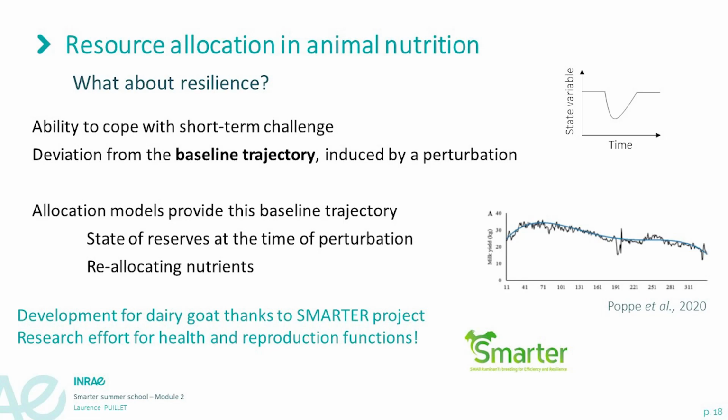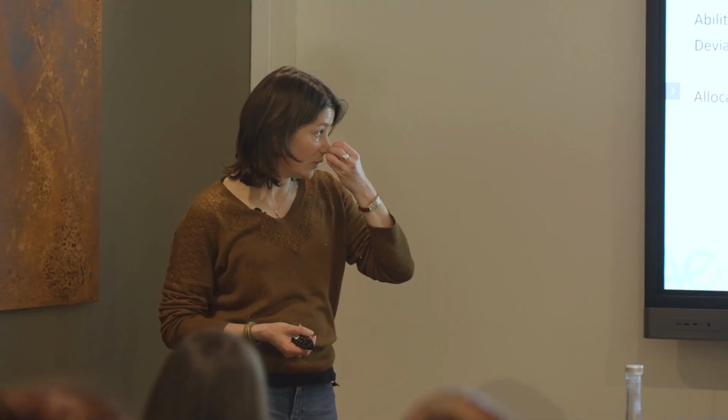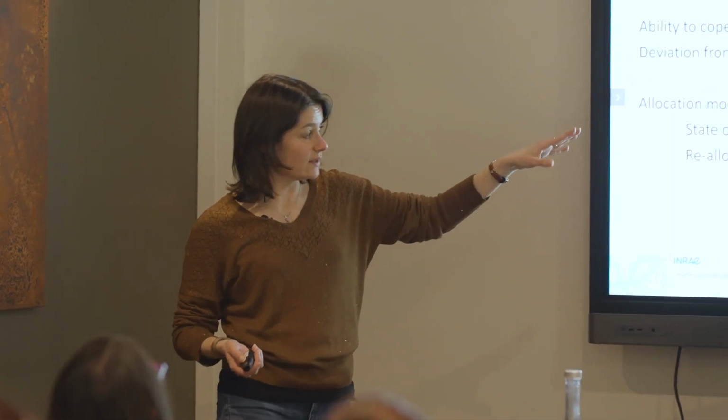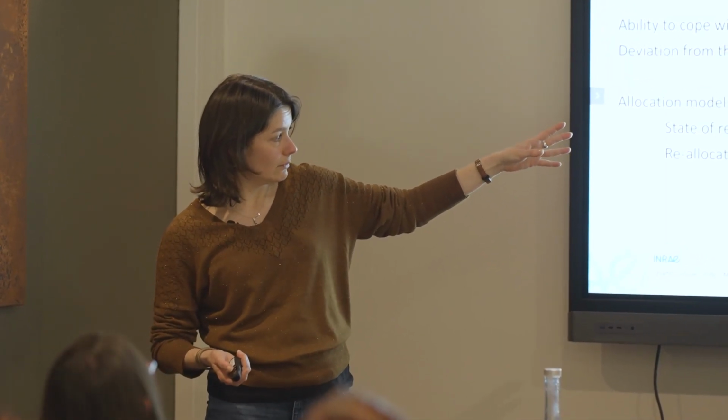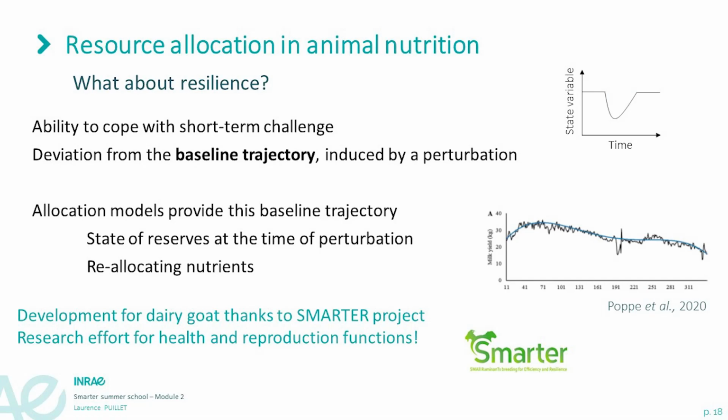I also used the figure from the paper by Marieke Poppe and colleagues, 2020. Allocation within a modeling framework can help you provide the blue line. The blue line can be obtained using a smoothing approach, but you can also use a mechanistic model to provide this blue baseline and understand deviation.